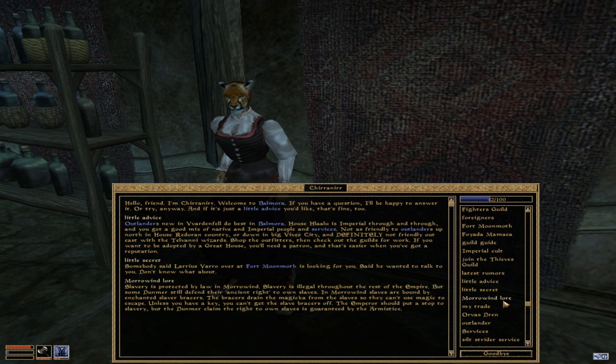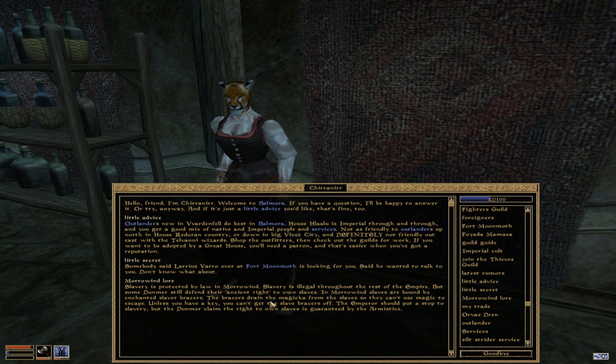Slavery is protected by law in Morrowind. Slavery is illegal throughout the rest of the Empire, but some Dunmer still defend their ancient right to own slaves. In Morrowind, slaves are bound by enchanted slaver bracers.